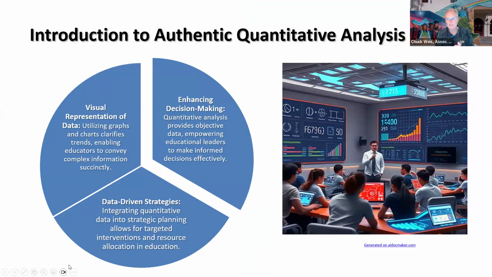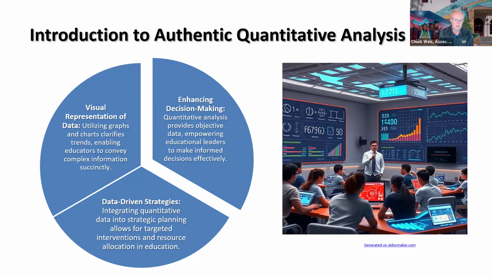So in the introduction to quantitative analysis, we have three important big ideas. One is the visual representation of data, utilizing figures and tables to clarify trends and enable educators to convey complex information succinctly. It's about enhancing decision-making, using quantitative analysis to provide objective data to empower leaders to make informed decisions effectively.